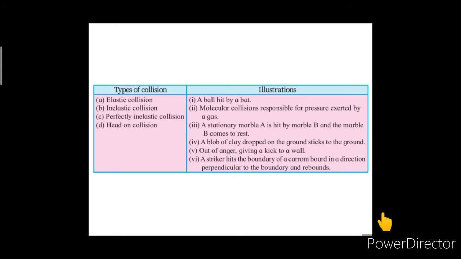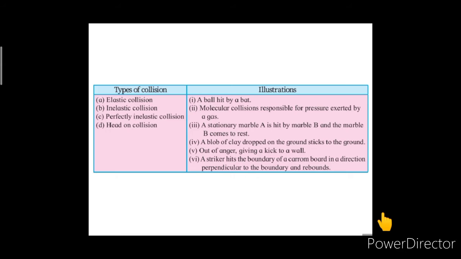The first type of collision, A, is elastic collision, B is inelastic collision, C is perfectly inelastic collision and D is head-on collision. The illustrations are there. Number 1, a ball hit by a bat. Number 2, molecular collisions responsible for pressure exerted by a gas.